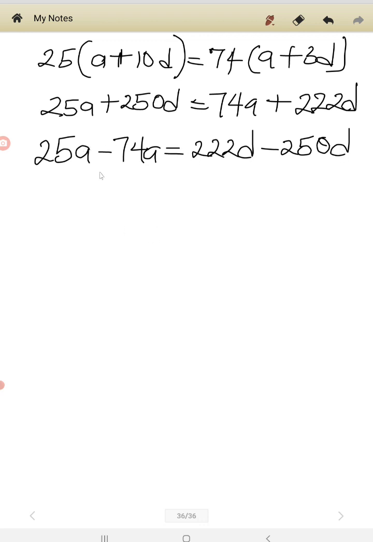So let's subtract 25 minus 74, which gives you minus 49A, is equal to 222 minus 250, which gives minus 28D.